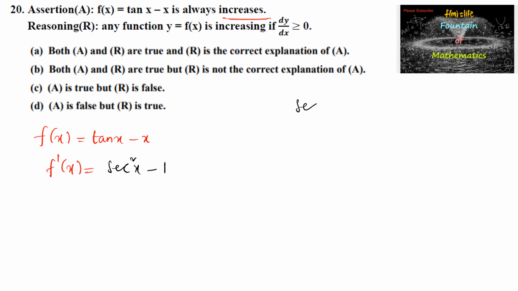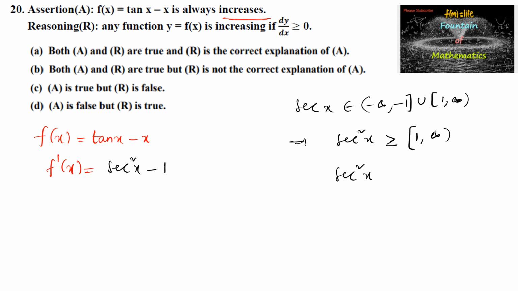And we know that secant x belongs to minus infinity to minus 1 union 1 to infinity, which implies that secant square x must always be greater than or equal to 1. So secant square x minus 1 must be greater than or equal to 0.